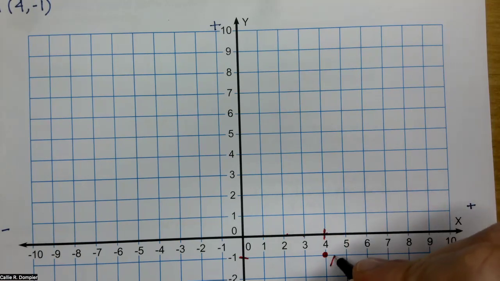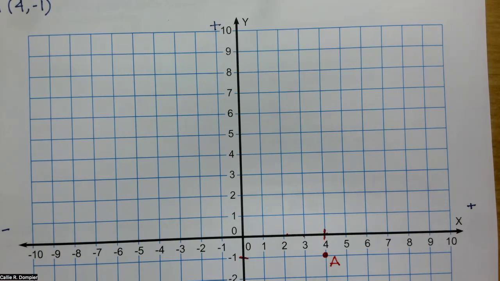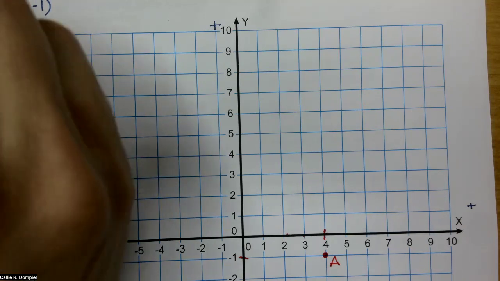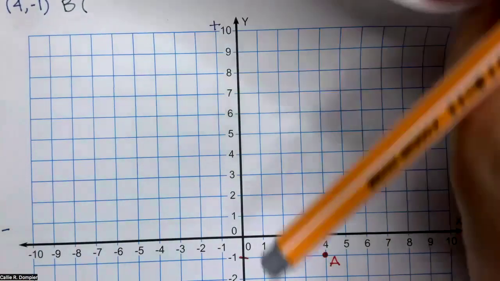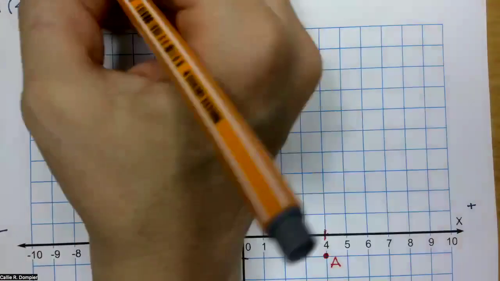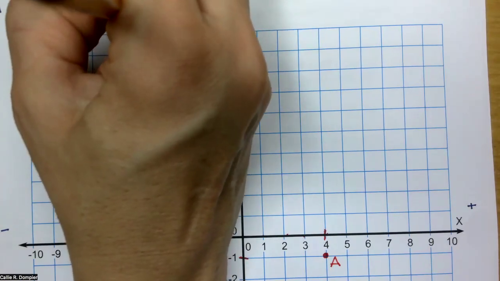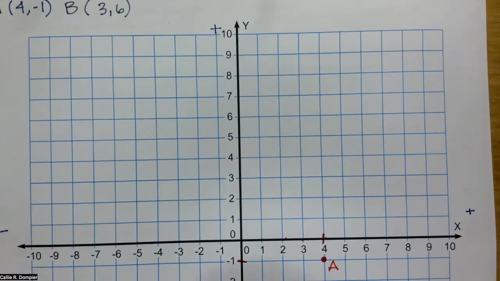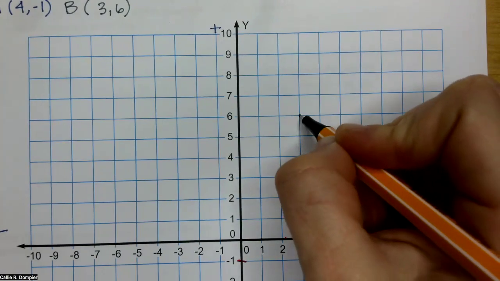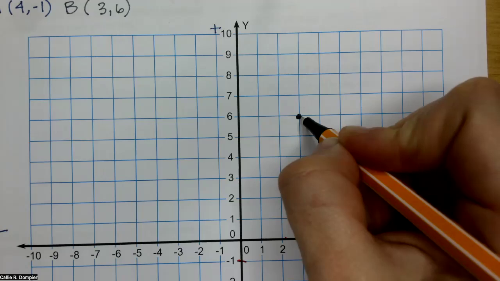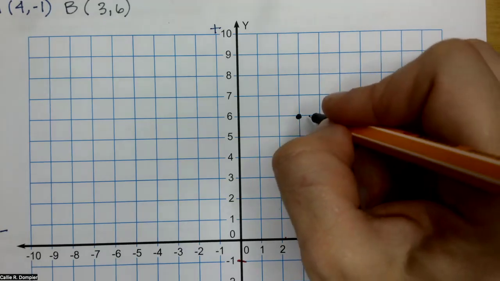So that is point A, because the value is (4, -1). All right, B. They gave us (3, 6). Those are both positive, so it's 3 on the x-axis and 6 on the y-axis. So go right 3, up 6 for B.